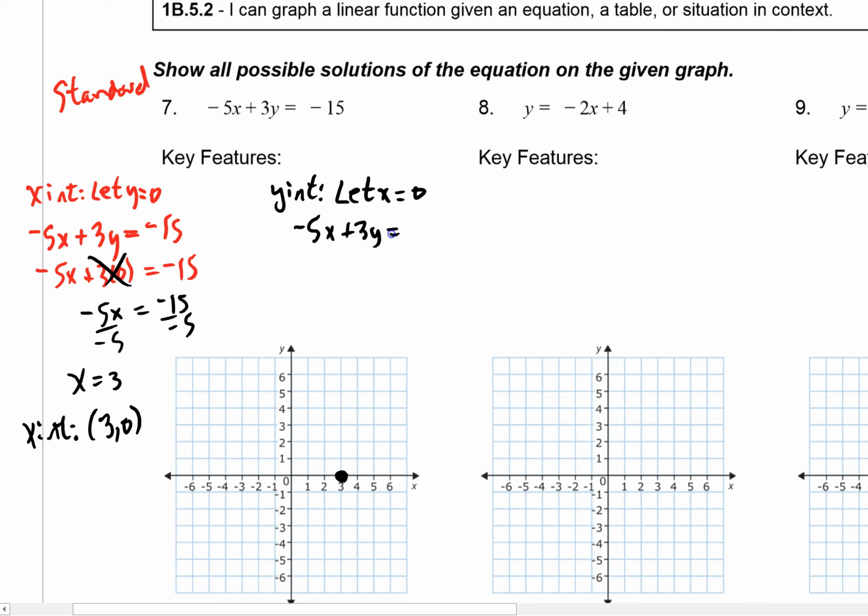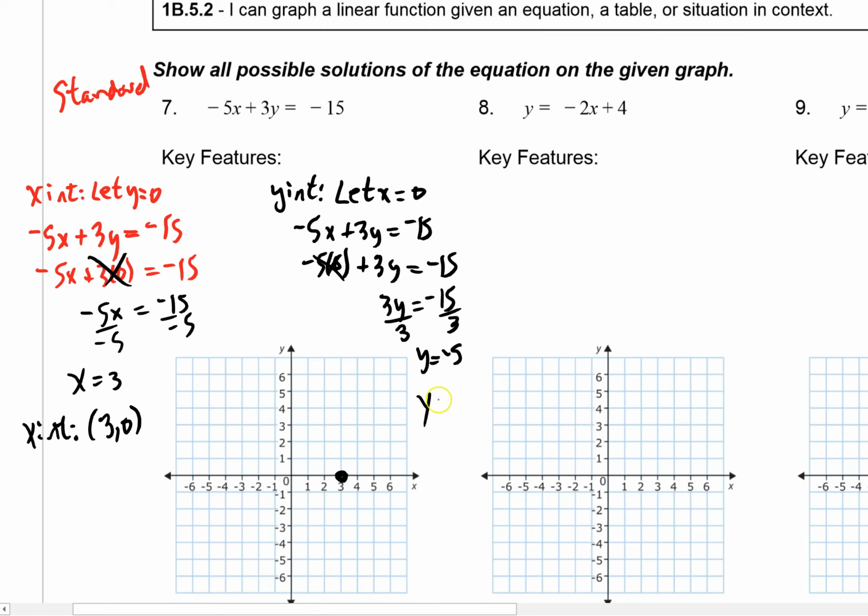This is going to go pretty fast. Your x is going to go away, isn't it? This is gone. So you have 3y is equal to negative 15. So y, when you divide by 3, you'll get y equals negative 5.